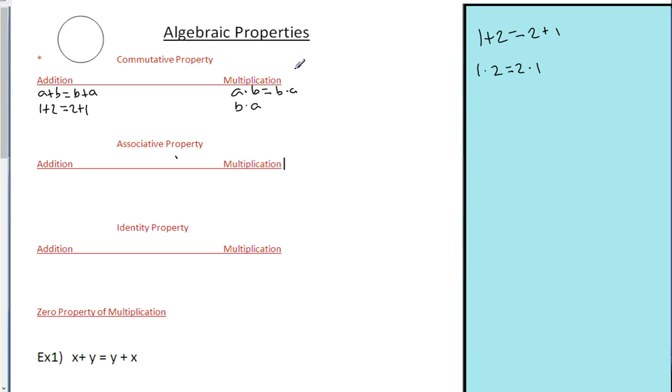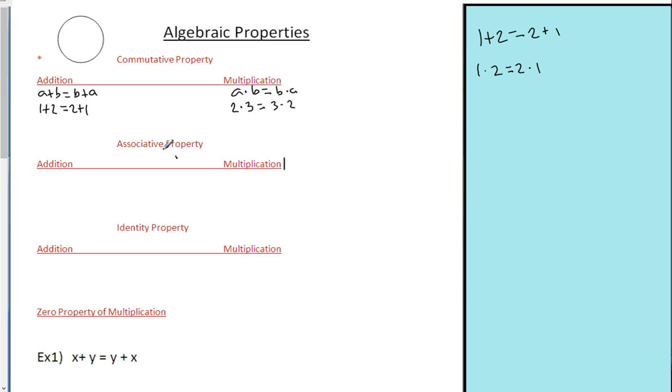You want to write it going across, not down, so let's fix that real quick. All right. A times b is the same as b times a, or for example, 2 times 3 is the same as 3 times 2. Okay, so commutative property. You can add or multiply two things in any order.